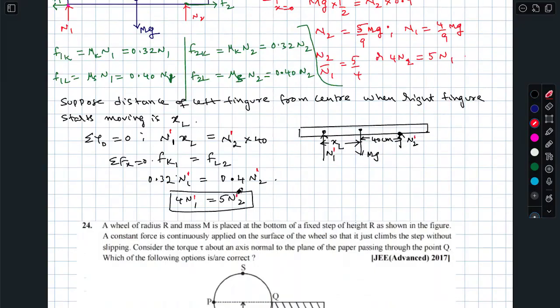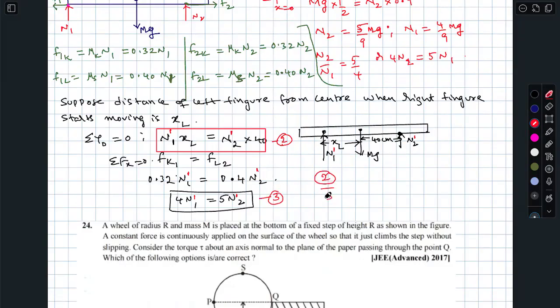రిలేషన్ మారిపోయిందా? మారిపోయింది కదా రిలేషన్. Now let this be equation 2. Let this be equation 3.